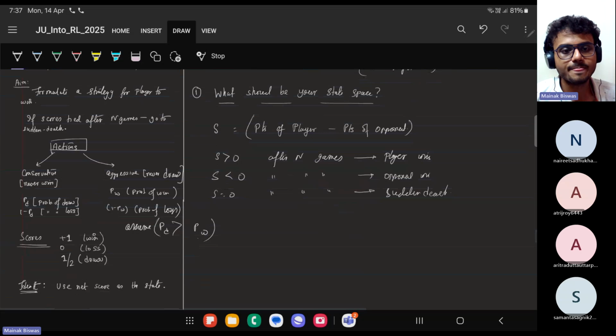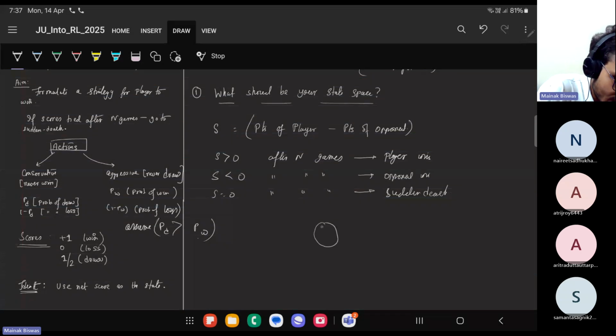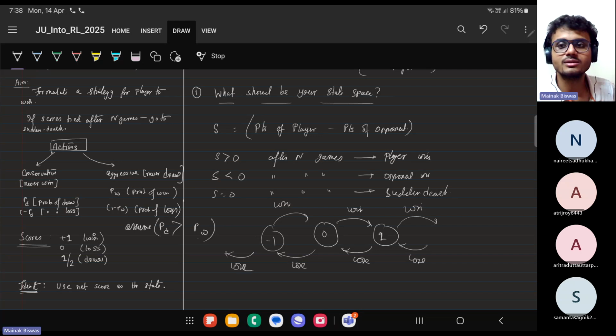Any questions? So basically, you start at 0. If the player wins, you go to 1. Lose, you go to minus 1. Just like a Markov chain. Win, you go back to 0. Fine? Clear?